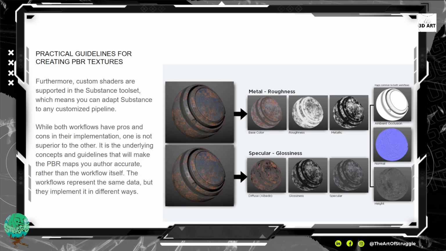The idea of, hey, am I going to be treating this as a metal or a dielectric, right? When it comes to metal, the color is coming from, remember, the roughness map, right? Rather than the diffuse map or the albedo, right? These are the things that will help you understand, okay, this is how I should treat it.